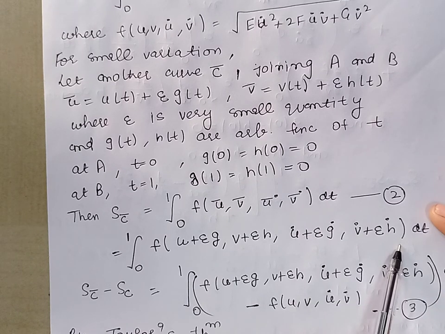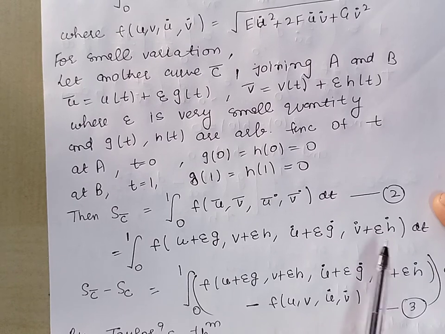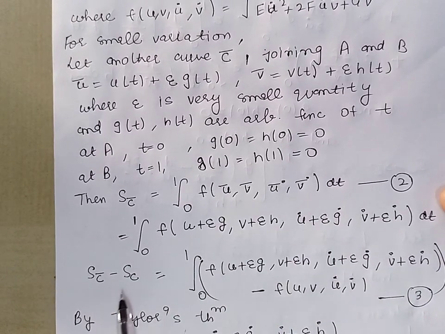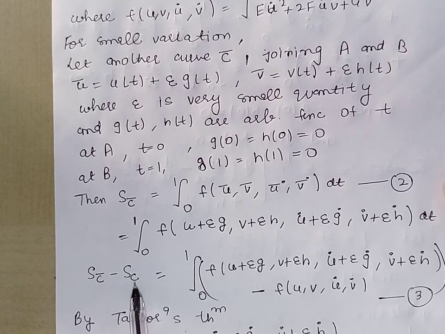Now, because for the geodesics the curve is of stationary length, we are to find the length of both curves and find their difference and equate it to 0 to get the differential equation for geodesics.